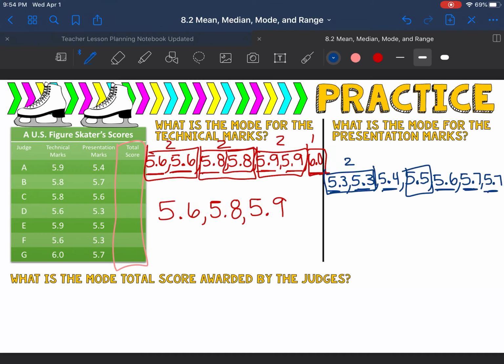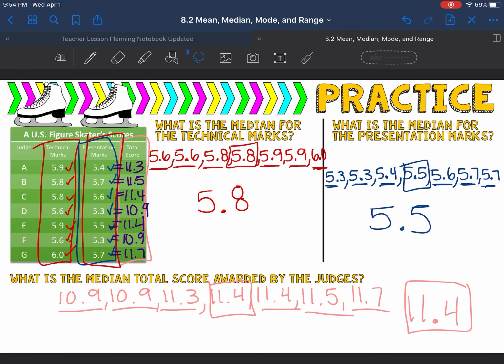Here's 2 5.3s, 1 5.4, 1 5.5, 1 5.6, and 2 5.7s. So what numbers repeat the most, the mode? 5.3 and 5.7.